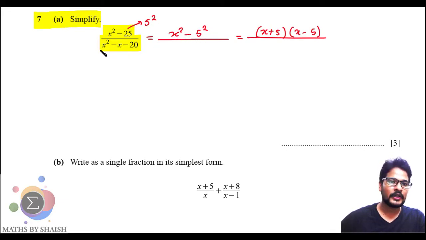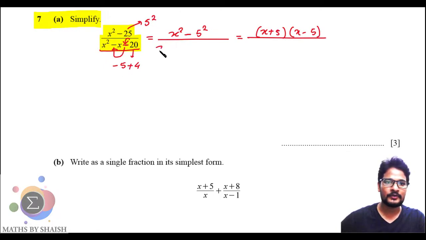And the denominator we have x square minus x minus 20, a trinomial, and here we have 20 as the constant, and we need to split 20 in such a way that when we subtract, because this is minus, we get minus 1. So for 20 we have 5 and 4. When we take minus 5 plus 4, we'll get minus 1.